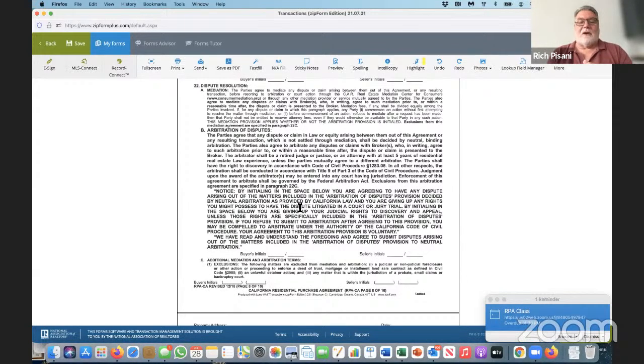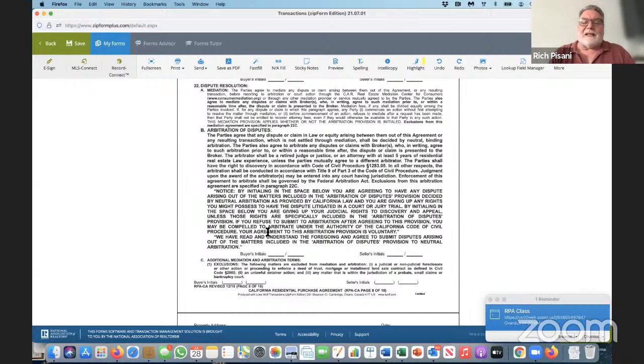So if you're a listing agent and you saw that the buyer did not initial arbitration, counter it for that buyer to initial arbitration. If they don't want arbitration, then that forces the other side to come back and say arbitration is not part of this agreement. Then the ball is back in the seller's court as to whether they want arbitration or not. It's as simple as that.